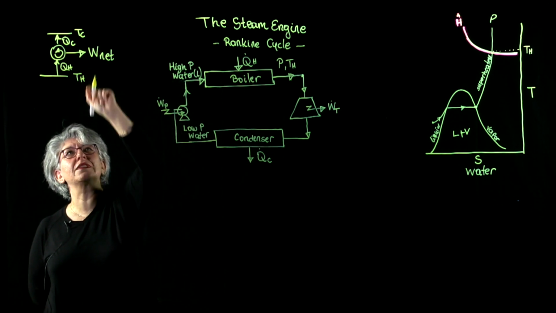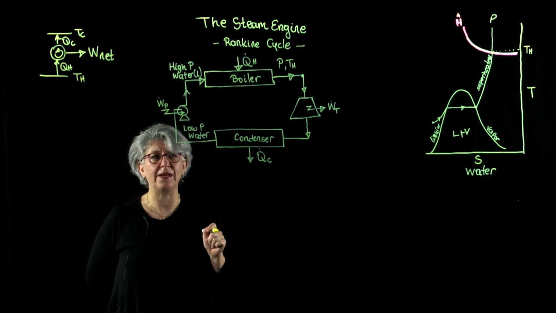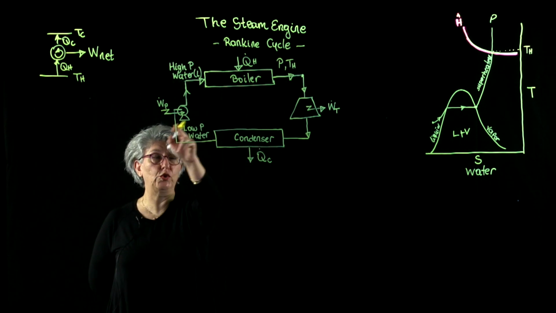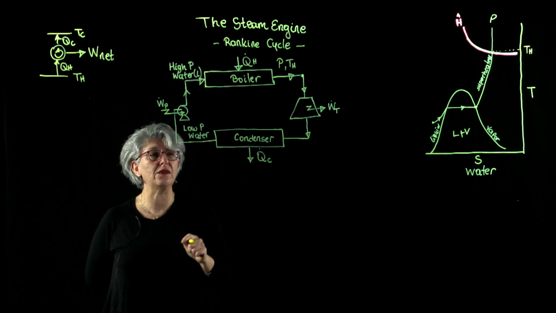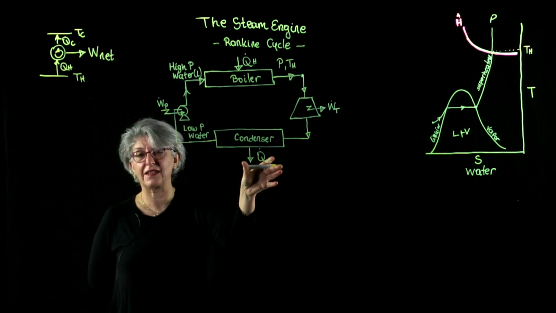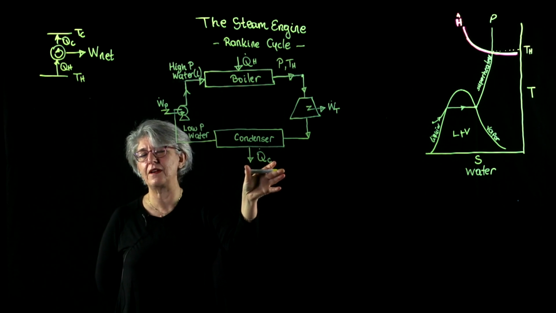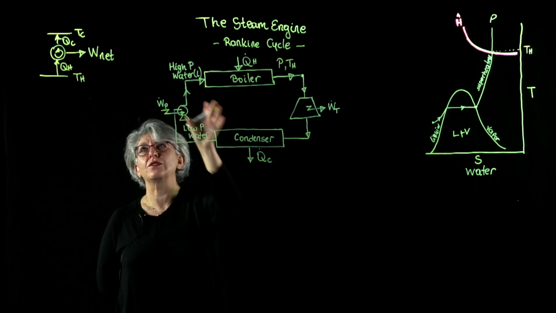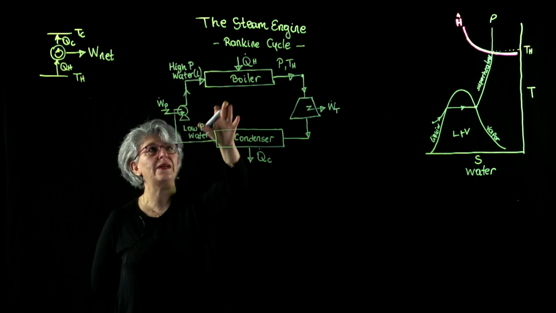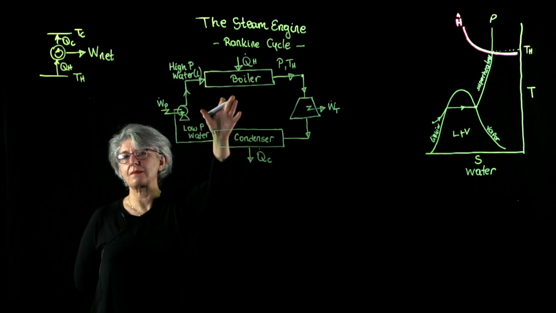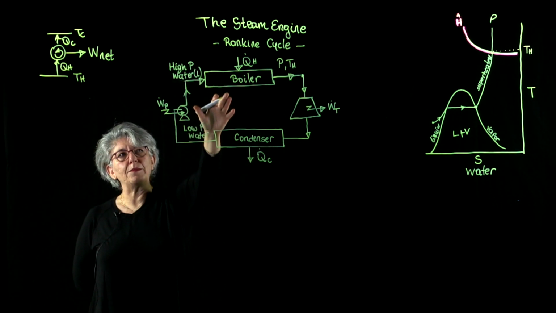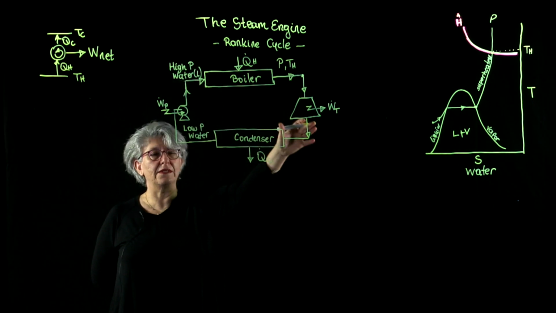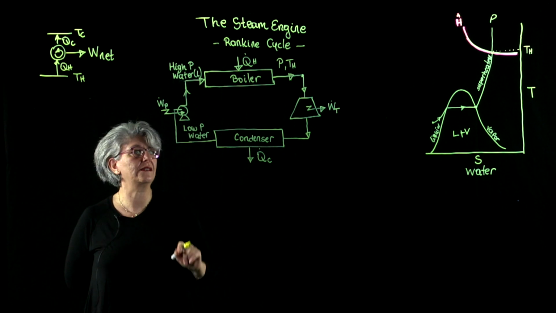That is why we call this work net. The sum of the two is going to be our net work. And we discard the excess heat to the environment. So this is our device operating in cycle, absorbing heat from the environment, delivering work, and discarding heat to the environment.